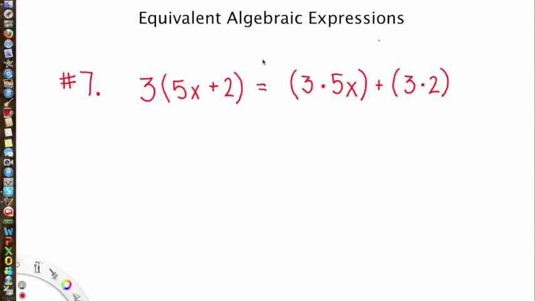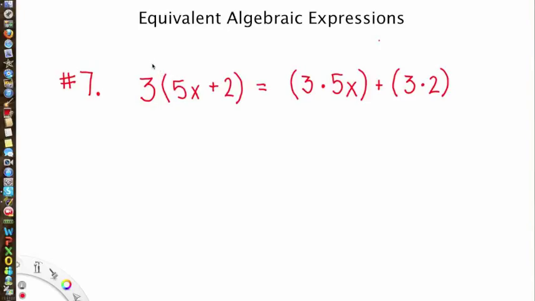Boys and girls, let's slide down to number 7 and take a look at this sample problem as well. I see that I have 3 times the sum of 5x and 2 is equal to the product of 3 and 5x plus the product of 3 and 2.